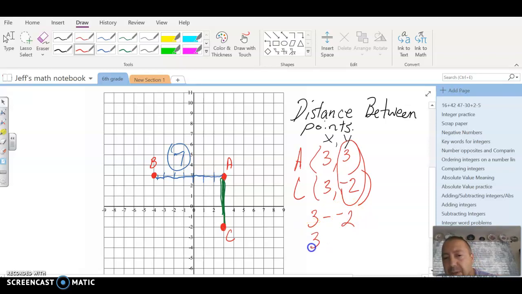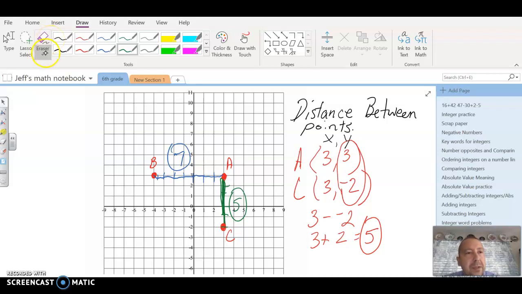So it's really 3 plus 2, and we have a distance of 5. If I go back to my coordinate plane, I can see 1, 2, 3, 4, 5. It comes out to 5. So we have a slight difference in how we use the coordinates if it's a horizontal distance or a vertical distance from each other.